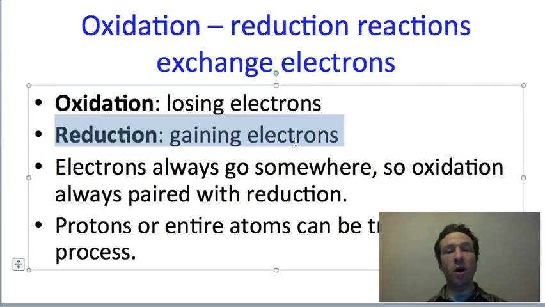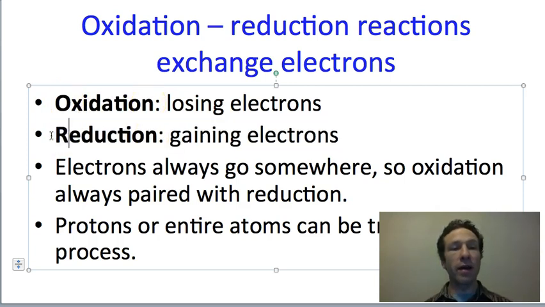Now, electrons always go from somewhere to somewhere else. That means we can never have oxidation happening on its own, and we can never have reduction happening on its own. Instead, whenever there's an oxidation, somewhere nearby there must be a reduction, and vice versa.